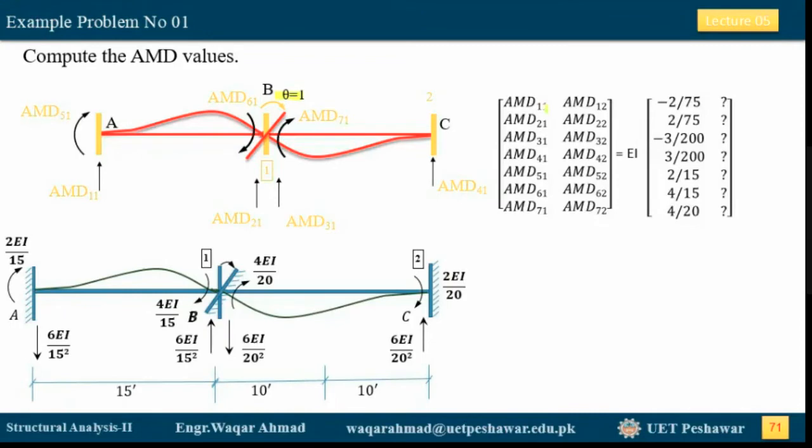That's why 1 is repeated throughout this column, because we are finding the values of the member inductions or fixed inductions coming from the unit rotation at coordinate 1, and that's why we have 2 repeated in this second matrix, because here the unit rotation is applied at coordinate number 2.